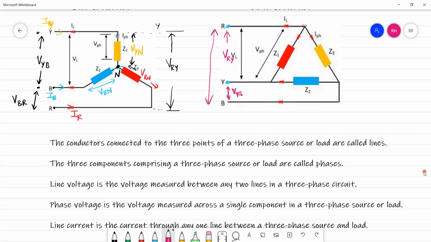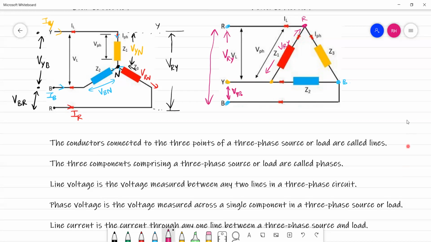And across the phase, here this point is R, and this point is Y, and this point is coming here and it's B. And hence, the voltage across the components of our three-phase system when it is delta connected is also VRY, VYB, and VBR. So we have the same voltage VRY across the components also. And let us go to the detailed analysis of the star and delta connection a little later.